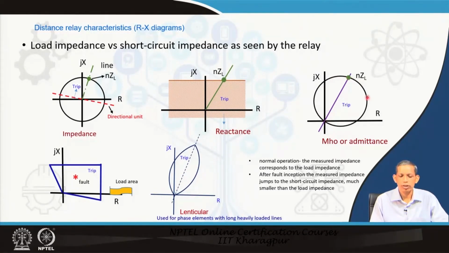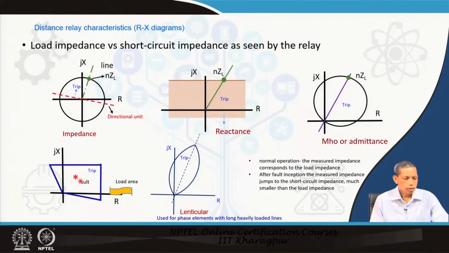Such a characteristic is called the Mho or admittance relay. Any impedance calculated by this relay, the seen or apparent impedance, if it falls within these characteristics, is a trip decision. How the trip decision is obtained by the relay, we will see later on.